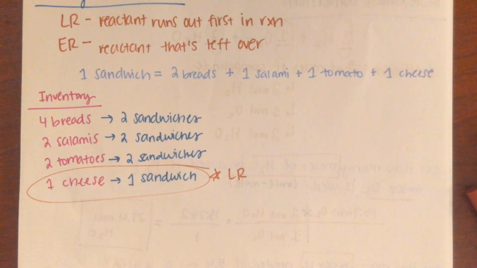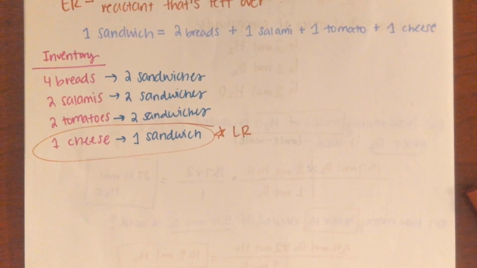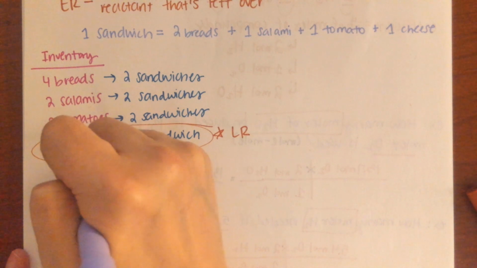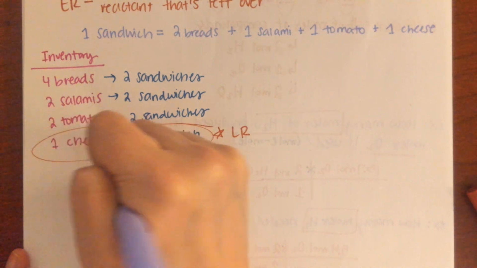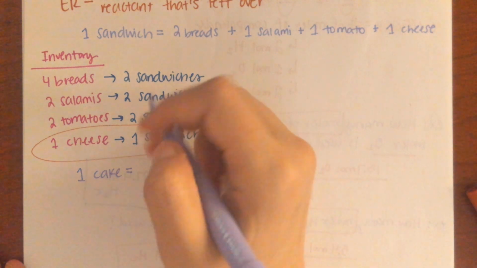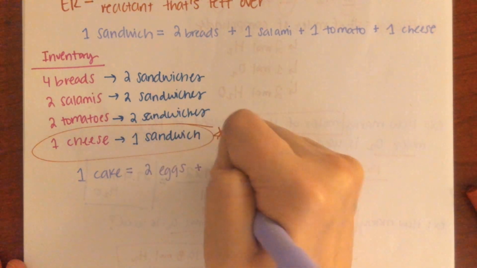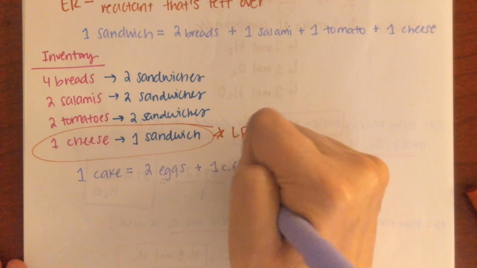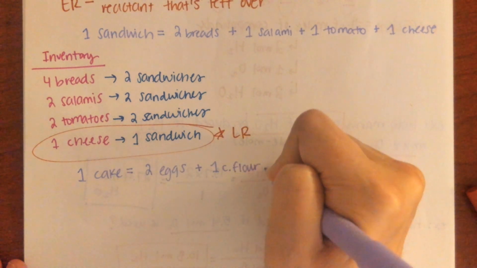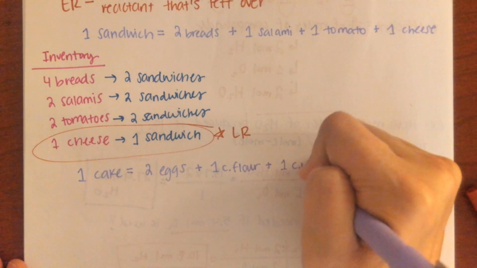Let me give you another one, where let's say you're making cake and you're going to figure out which one's your limiting reactant. Let's say I give you 1 cake recipe. You need 2 eggs, 1 cup of flour, 1 cup of milk.